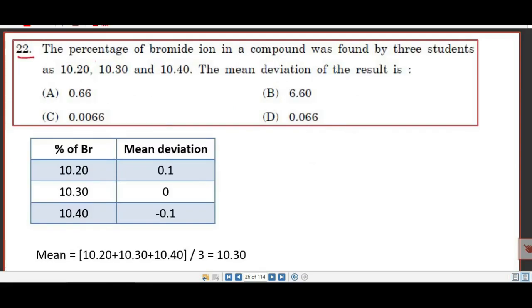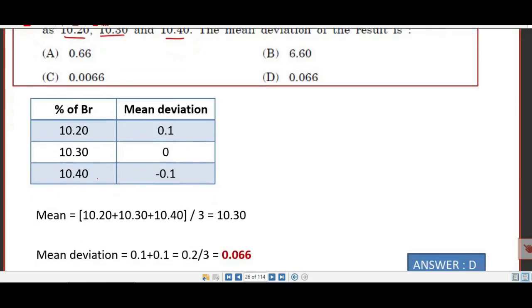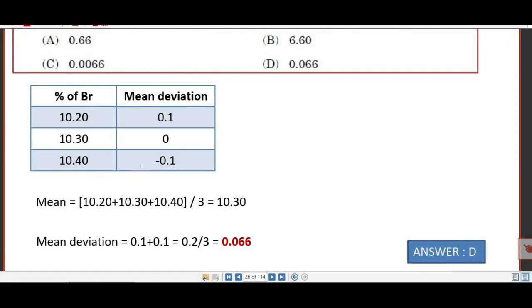Question number 22. The percentage of bromide ion in a compound was found by 3 students. 3 data have been given: 10.2, 10.3, 10.4. You have to find out the mean deviation. For these 3 data, the mean is calculated. The addition divided by 3 gives 10.30.